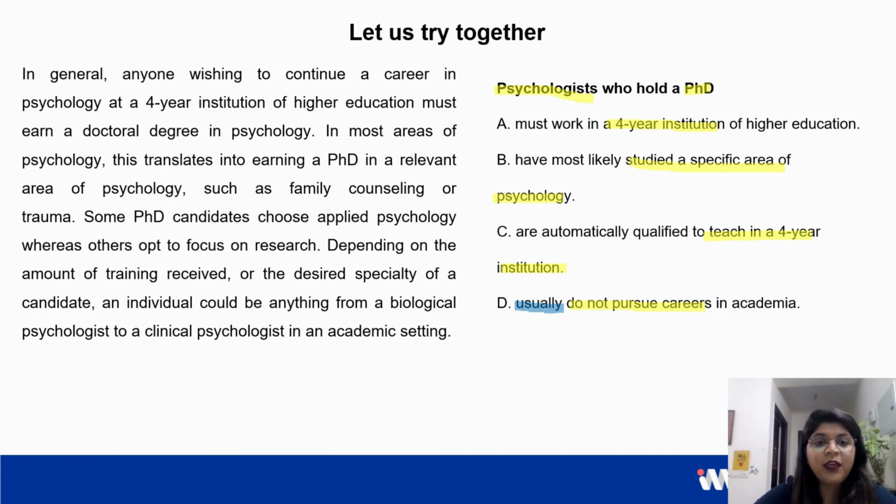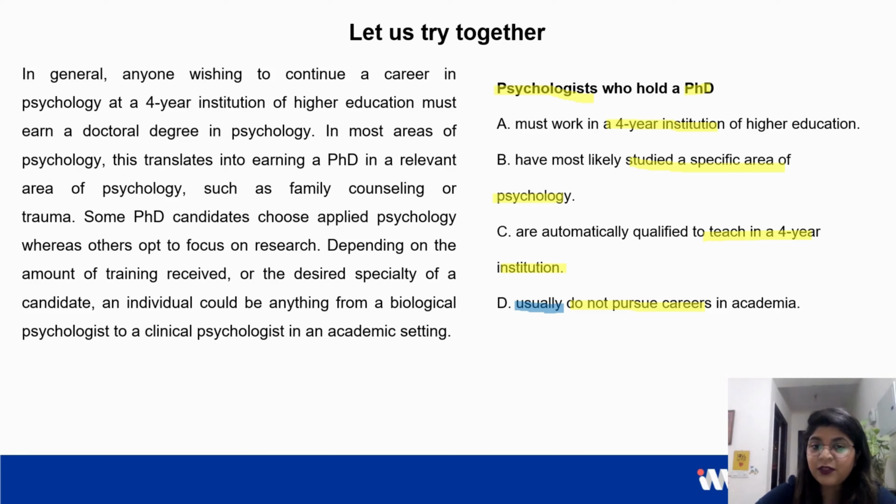In general, anyone wishing to continue a career in psychology at a 4-year institution of higher education must earn a doctoral degree in psychology. In most areas of psychology, this translates into earning a PhD in a relevant area of psychology, such as family counseling or trauma.